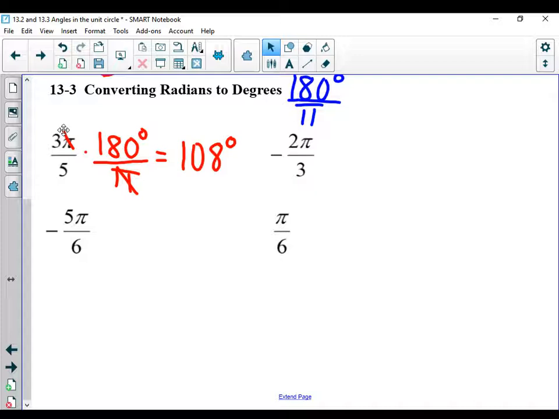You'll just do 3 times 180 and then divide it by 5. Okay, go ahead and convert the other 3.